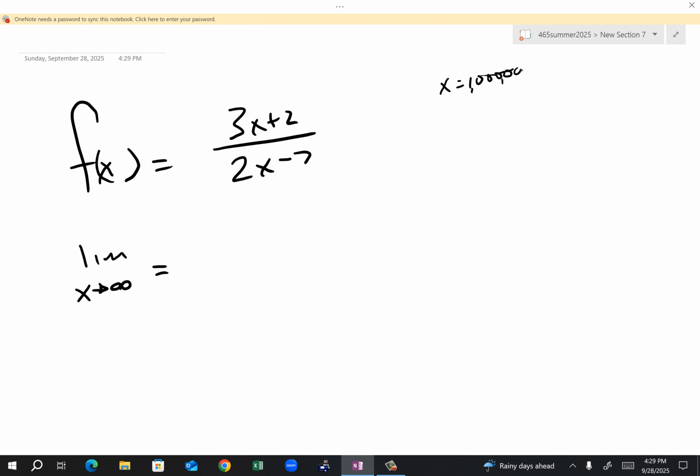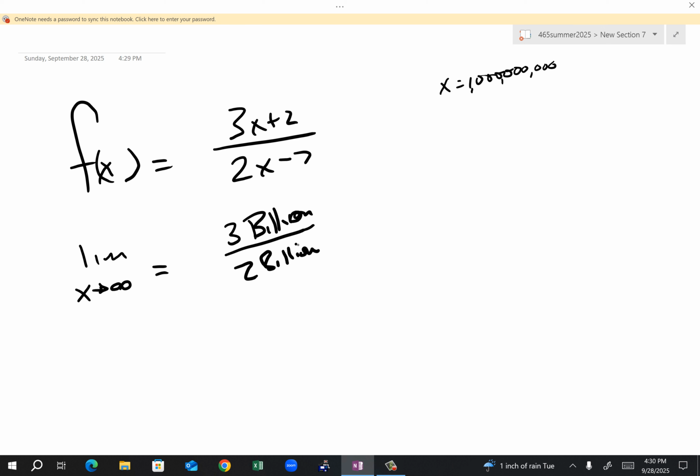As x approaches a billion, the top basically becomes 3 billion, plus 2, but nobody cares about 2. Over the bottom, which is 2 billion.